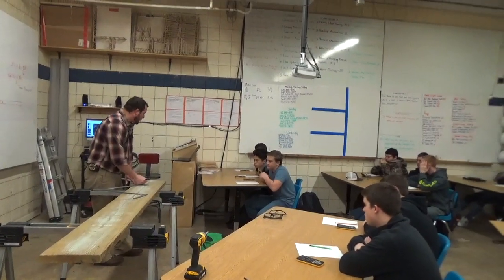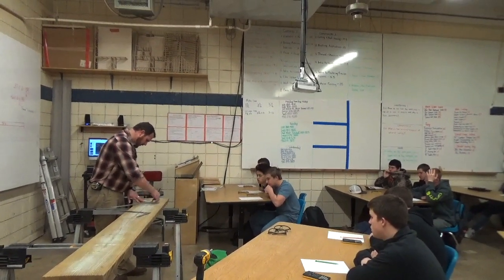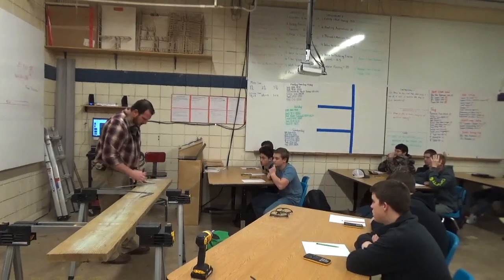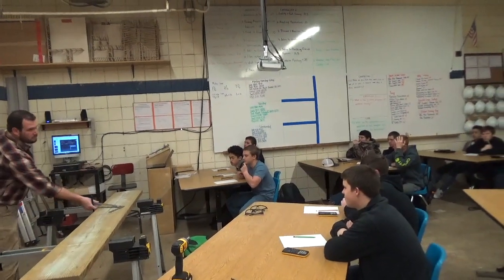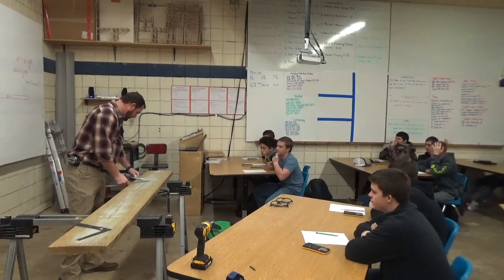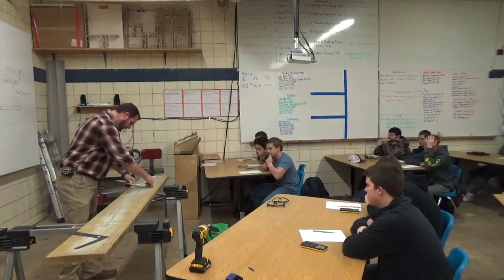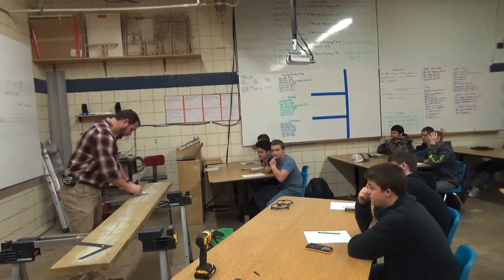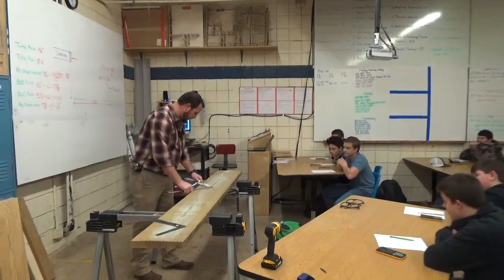How many steps do I got to mark out? Why is 6 not right? My landing is my last step. So I got to mark out 5. That's what I was saying. Good job, man. Look, I'm moving, I'm marking these out.